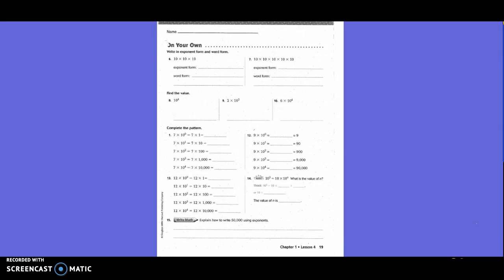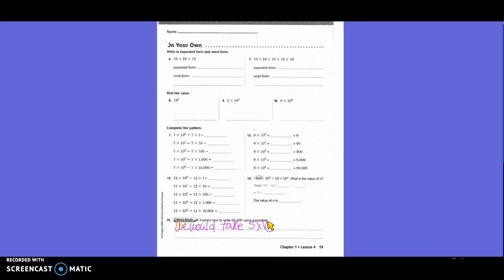So we would take 5 times, and then for exponents, we use what number? 10, right?